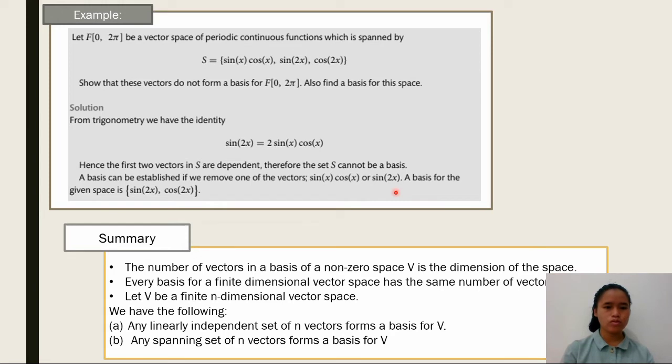From trigonometry, we have the identity, right?